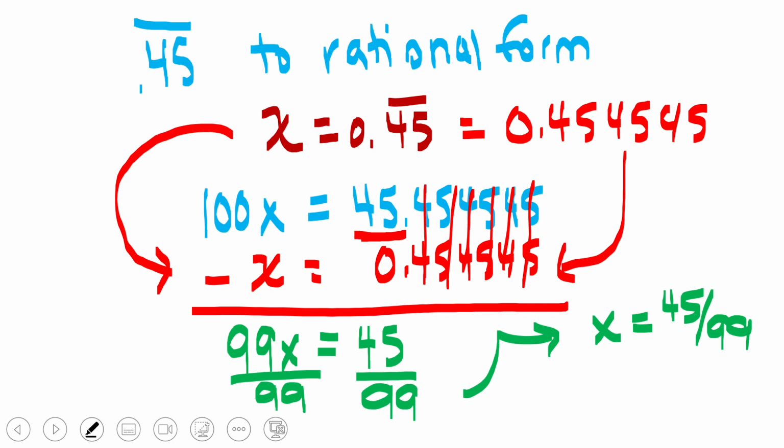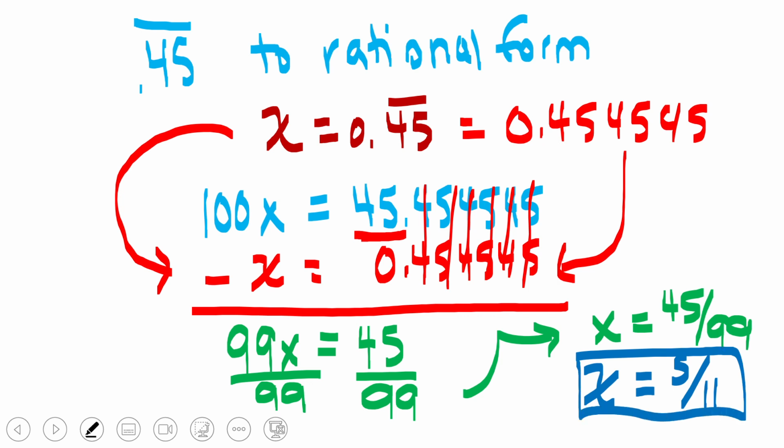And we're going to say, oh, 45 divides by 9, and so does 99. So 45 divided by 9 is 5. 99 divided by 9 is 11. 5/11ths is your reduced rational form that is equivalent to the original repeating decimal that you are given.